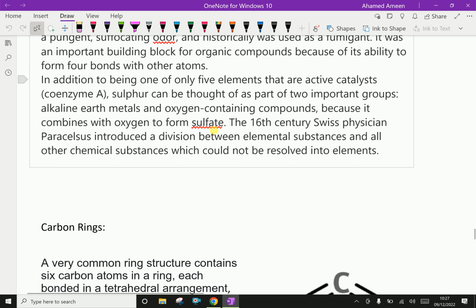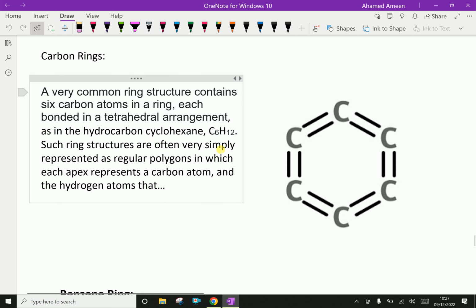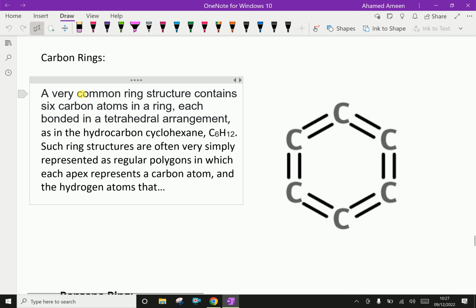Sulfate is useful in fertilizers. In the 16th century, Swiss physician Paracelsus introduced a division between elemental substances and all other chemical substances, which could not be resolved into elements. Next we will talk about the carbon ring.